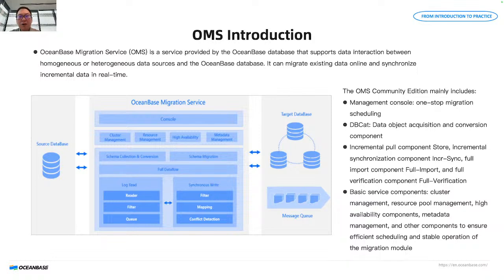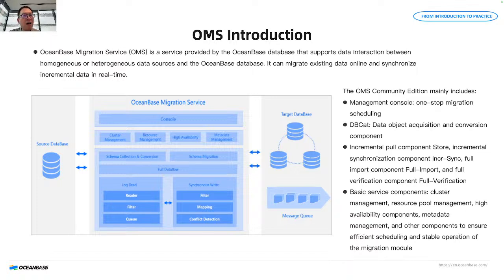It supports synchronizing and migrating data from both homogeneous and heterogeneous data sources to OceanBase, enabling online migration of full data sets and real-time synchronization of incremental data. It aligns full data migration and real-time data synchronization, including full data verification.